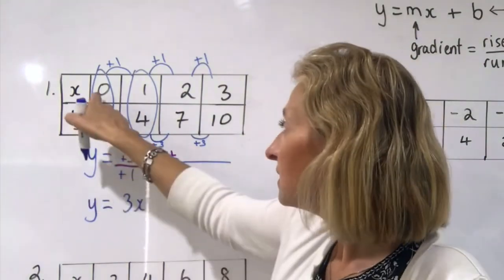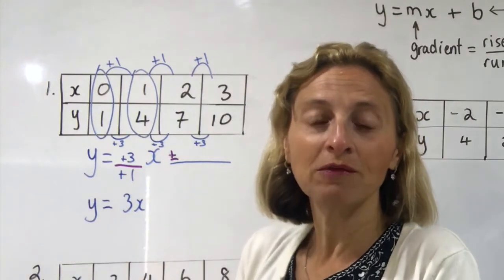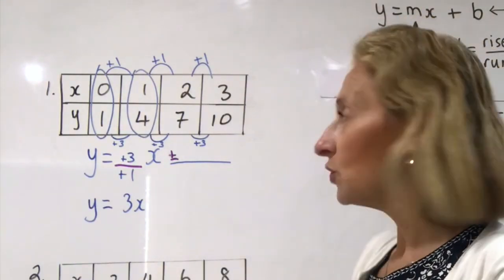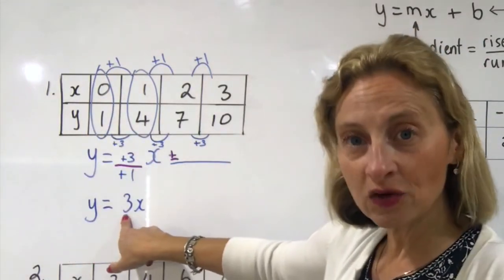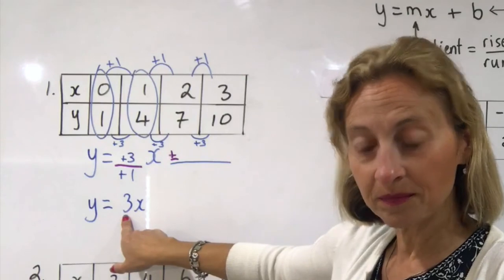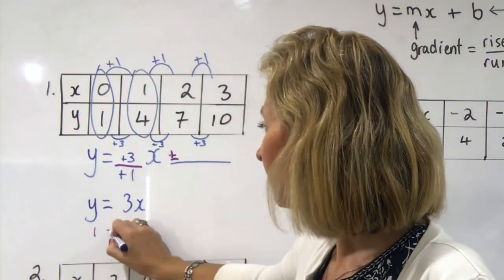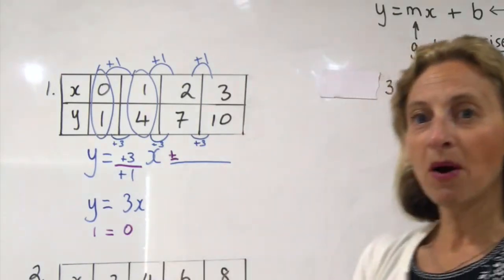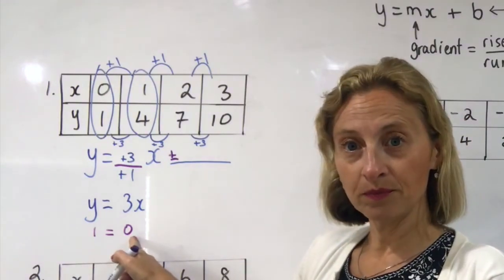I'm going to pick 0, 1 because the numbers are small and there's a 0 which hopefully will make it easy for me. If I substitute x equals 0 and y equals 1 into the equation that I already have, let's see what I get. y equals 1, and that's 3 times 0, which is 0. But we should all know that 1 doesn't equal 0.